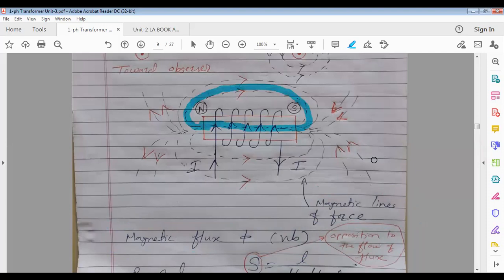While moving from north to south pole, they always prefer the minimum opposition path. Same as in an electric circuit, where current always prefers the minimum opposition path, similarly in magnetic circuits, magnetic flux always prefers the minimum opposition path.